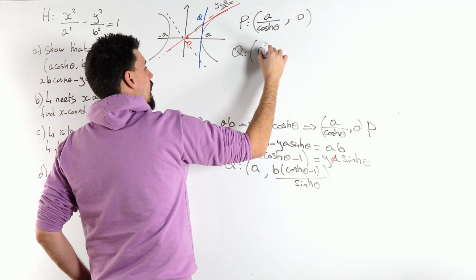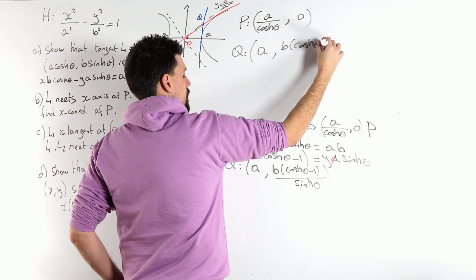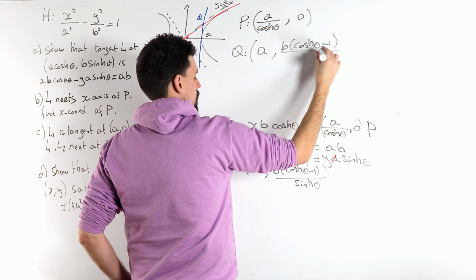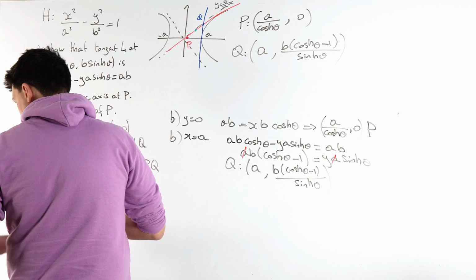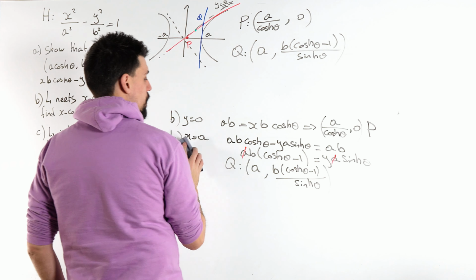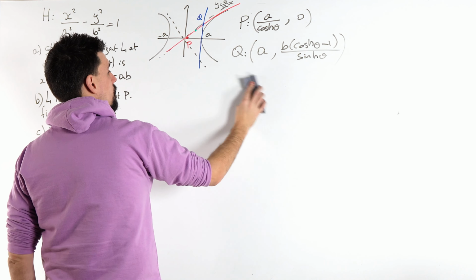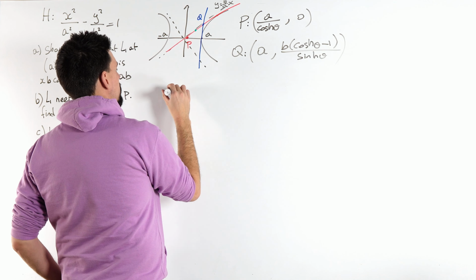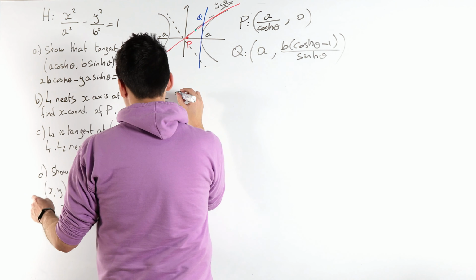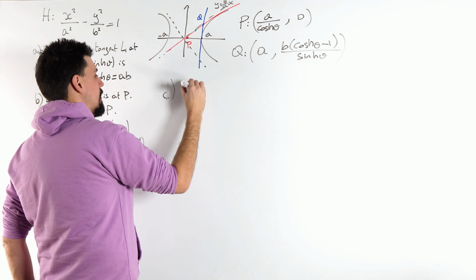Q was the point (A, B(cos theta minus 1) over sine theta). And now we want to look at the midpoint. I don't think the question gave it a letter, but let's call it M.